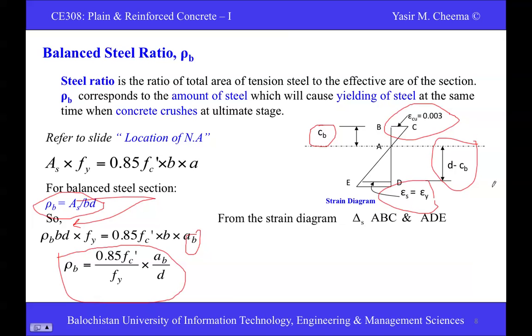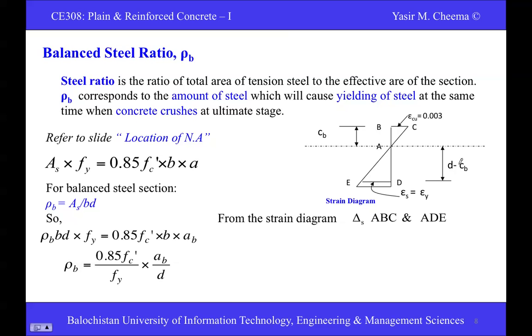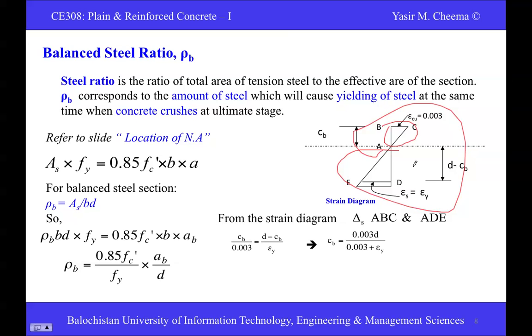So we have two triangles here. One triangle is this one, ABC, and the other triangle is this one, ADE. So you know the comparison of triangles. Let me take Cb.